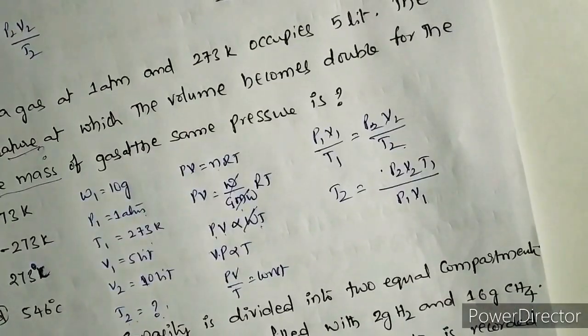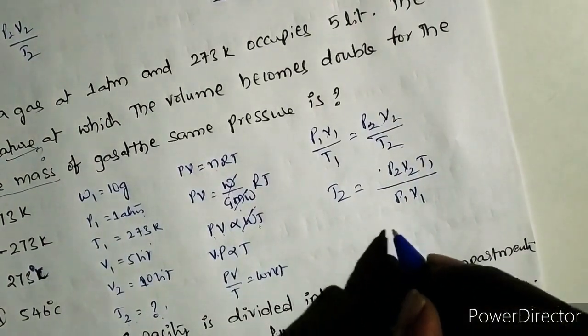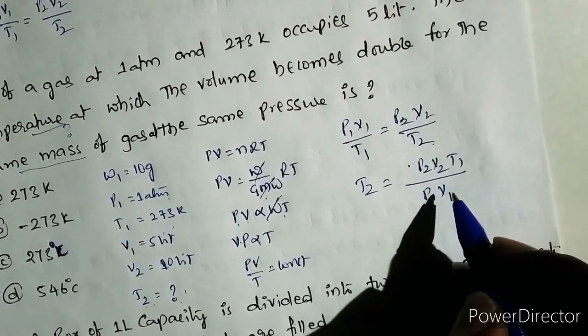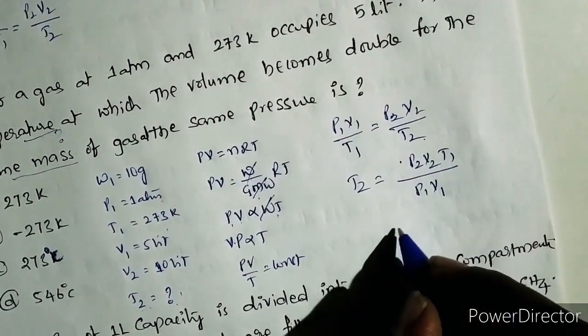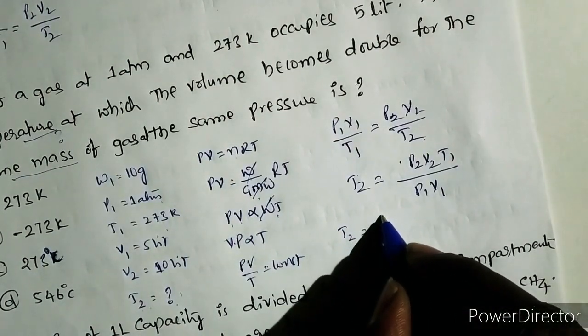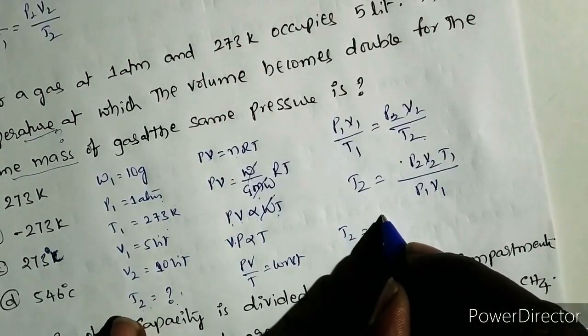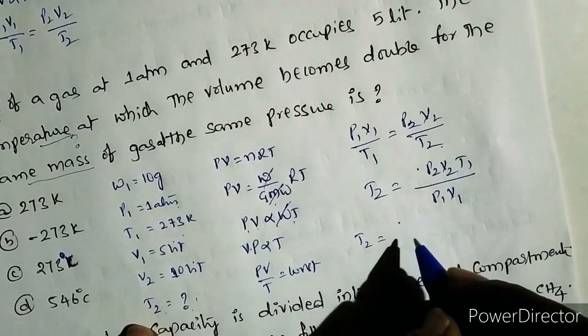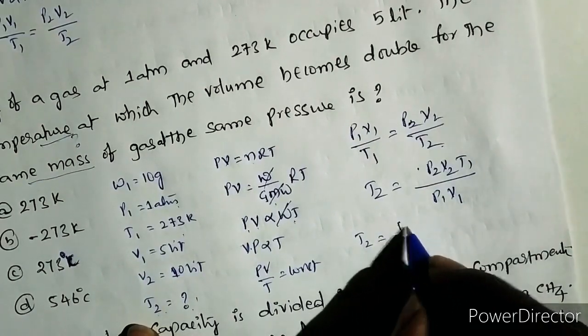So do that calculation. I have substituted these values. All the values are given here. What is P2? Again pressure is also same, right? If the pressure is also same, I will substitute 1 atmospheric pressure.